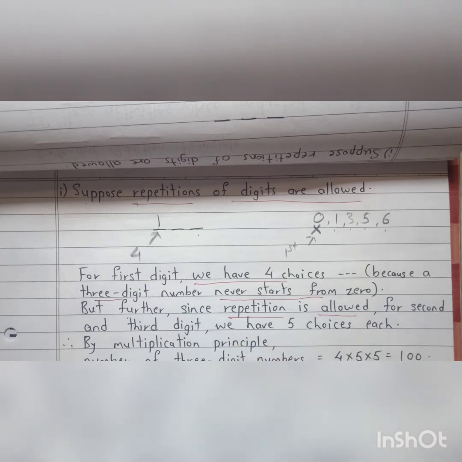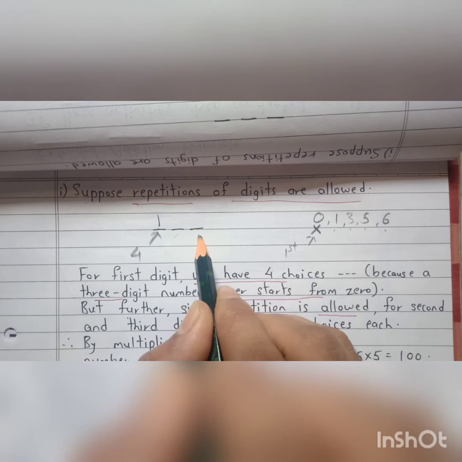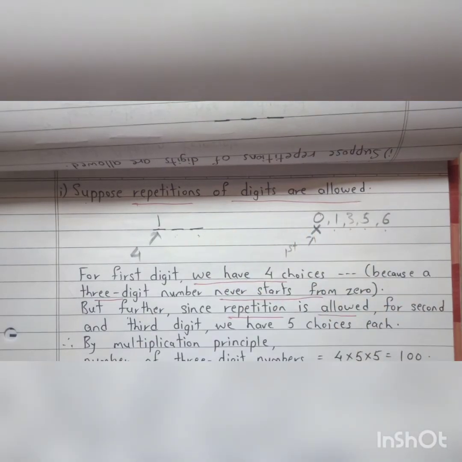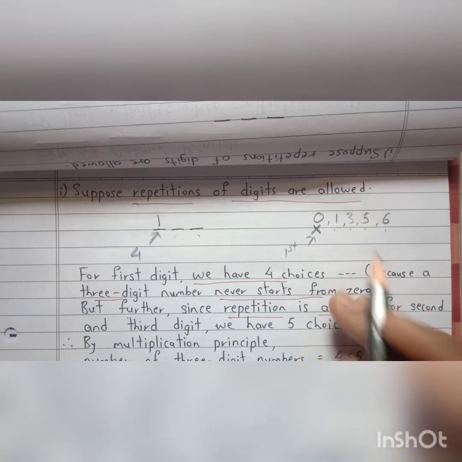Now why 5? Because in the second and third digit now we can introduce 0. You must have seen 3-digit numbers of the form 100, 101, 105, 103, etc. So in the second and third digit we can introduce the digit 0.